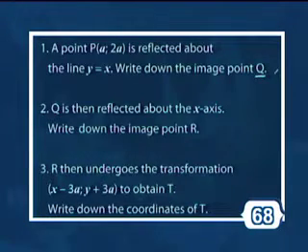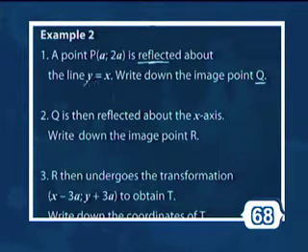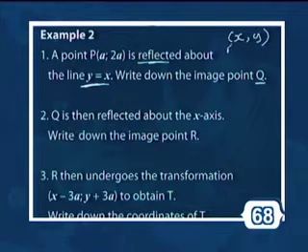Now, when you have a point being reflected about the line y equals x, what you will have is that the x and the y coordinates swap about. So normally your coordinates are in the form (x, y), but if it's reflected in y equals x, your x and your y values swap around.